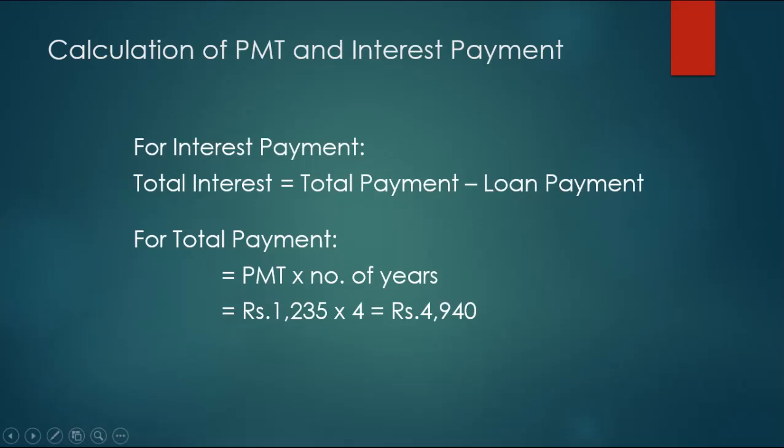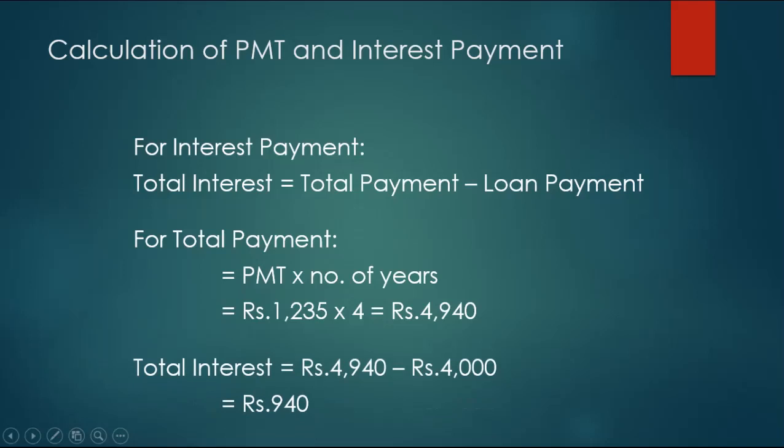Simply multiply PMT with the number of years and you will get the total amount which you will pay to the bank in 4 years. And that amount is equal to 4,940. Simply multiply 1,235 into 4 and you will get the amount 4,940. This is the total amount which you will pay to the bank in 4 years.